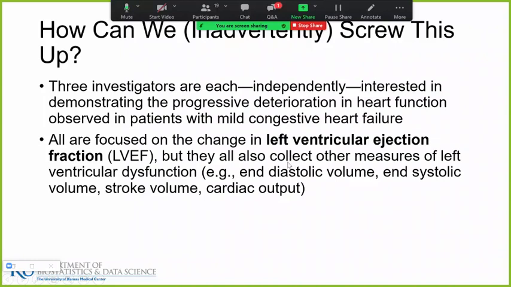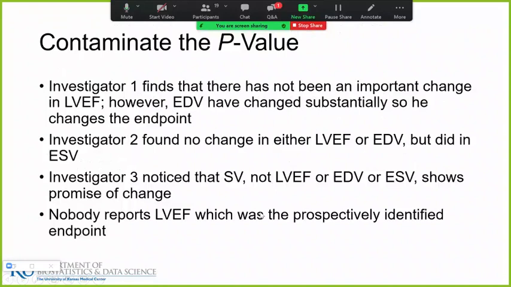Because we recognize that study needs to continue, and there might be important features or artifacts that show up in other measures of dysfunction, like the end diastolic volume, end systolic volume, and so forth. So they're going to collect those. Those are known as secondary outcomes. But the study is designed around controlling the false positive and false negative error rates for LVEF.